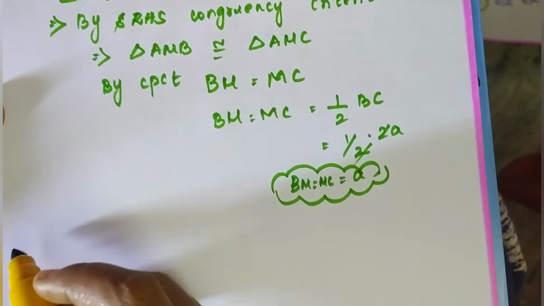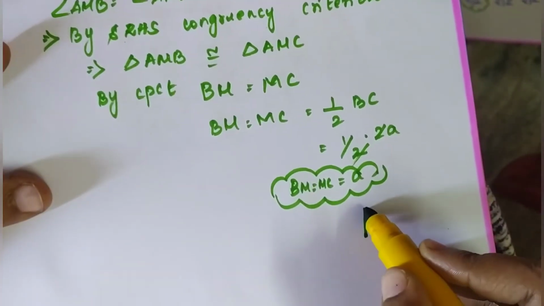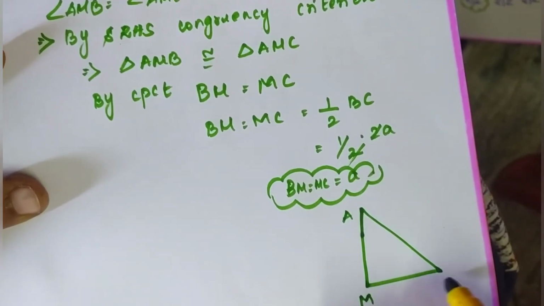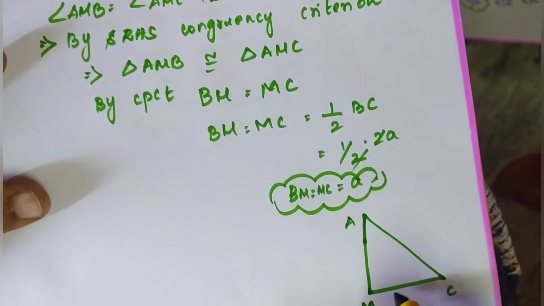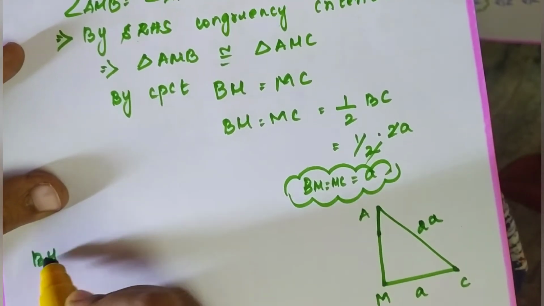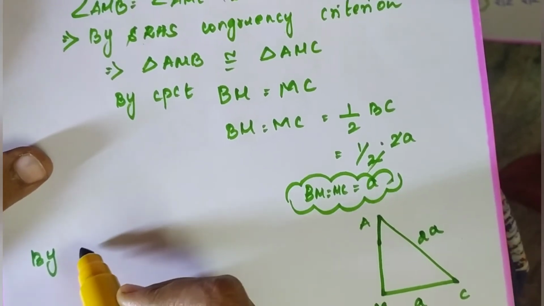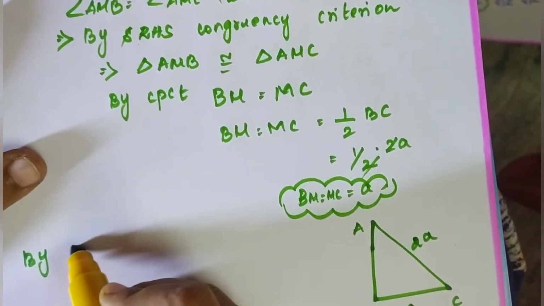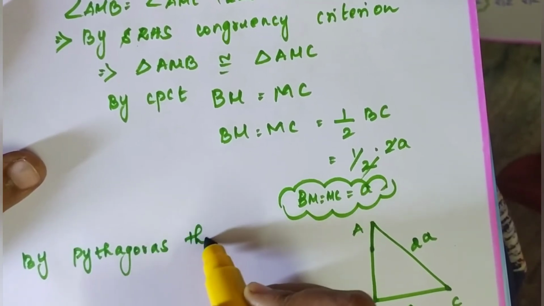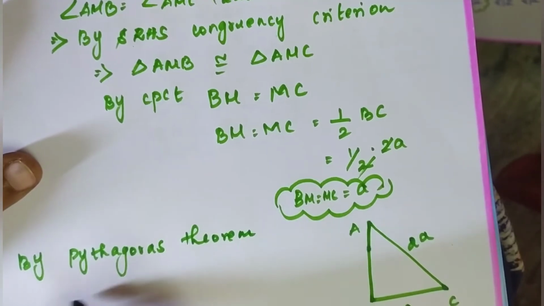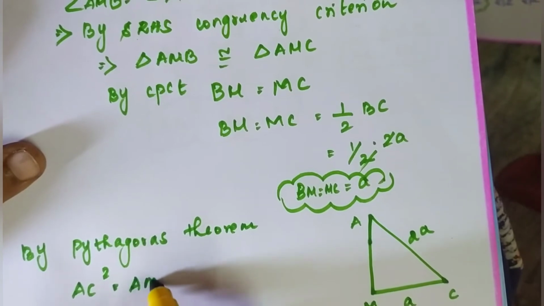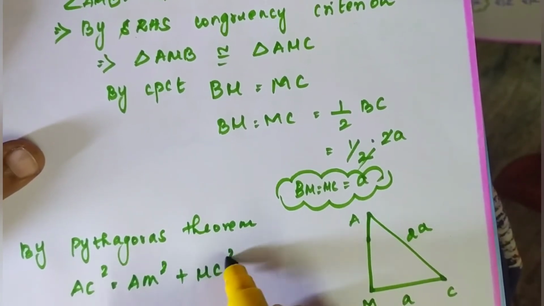By Pythagoras theorem, I'm going to take the right triangle AMC. This is A and this is 2A. By Pythagoras theorem, AC square is equal to AM square plus MC square.